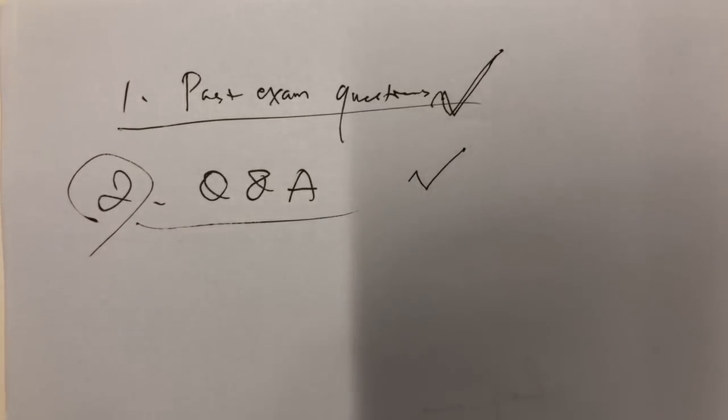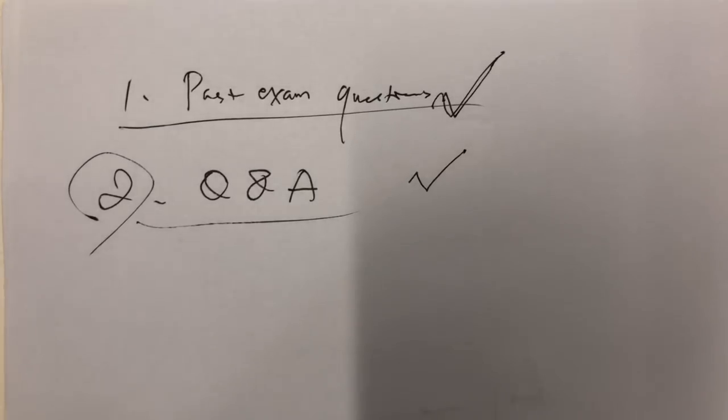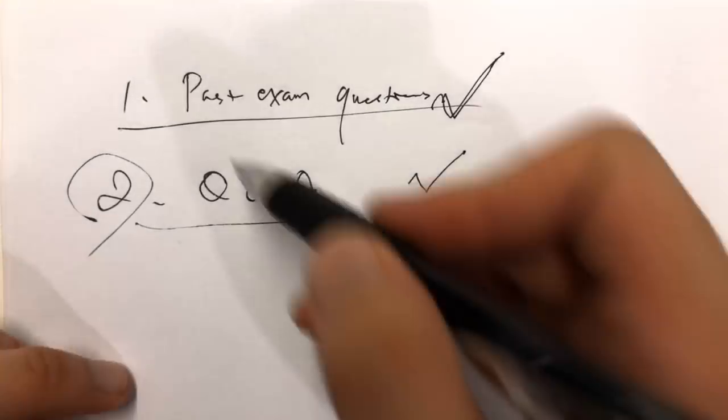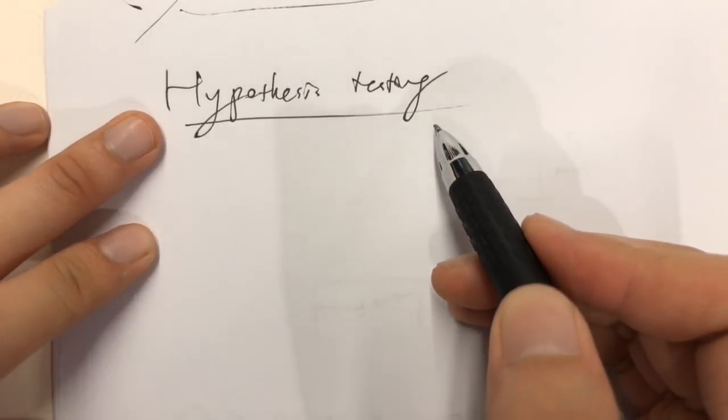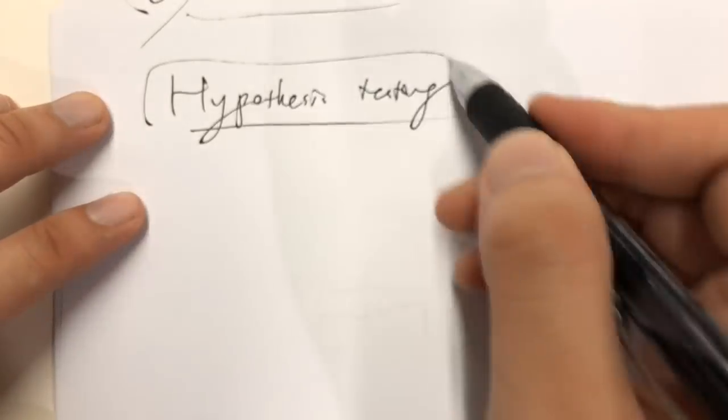All right, actually, for your final exam, there are several key areas that you need to pay attention to. One is hypothesis testing, which hasn't been tested in your mid-semester exam, but in your final exam, it will be tested, right?